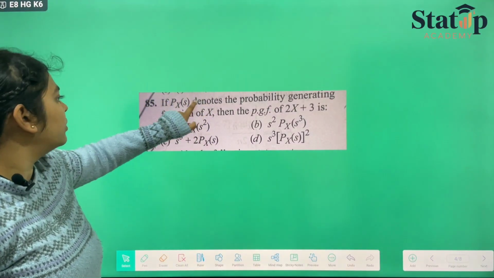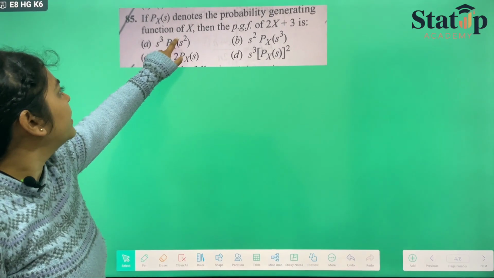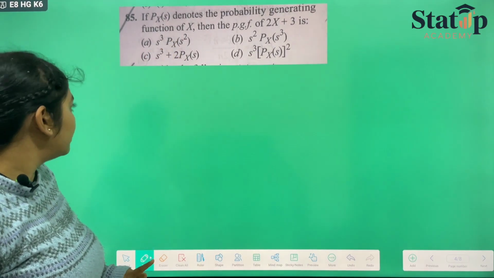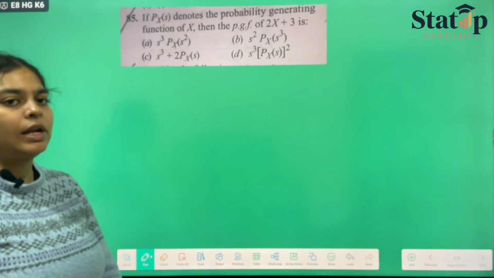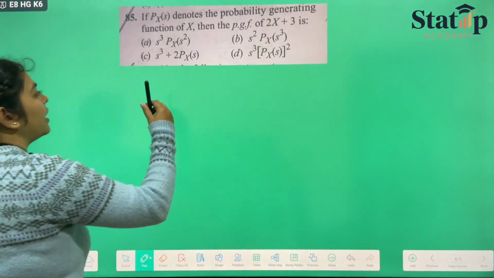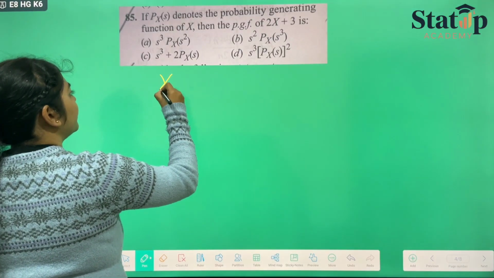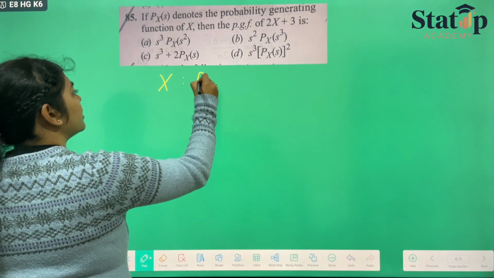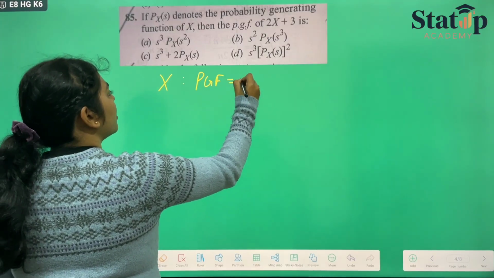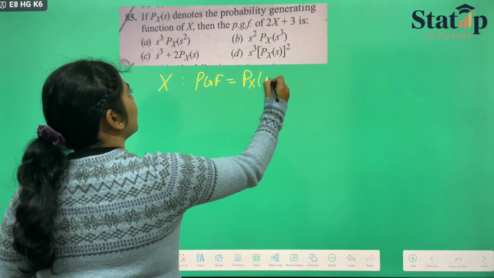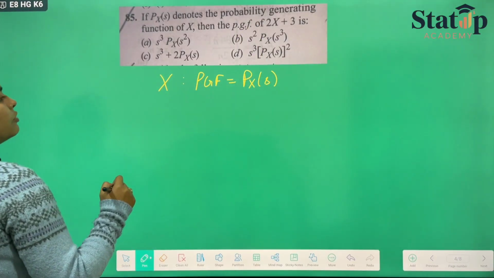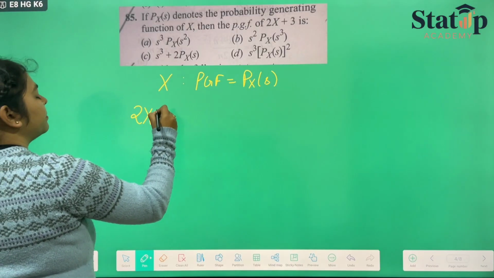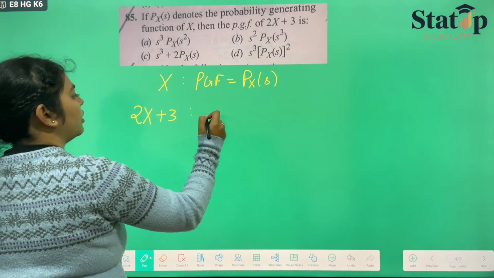So talking about this question, they have provided us that if we have a random variable x, then its PGF is equal to P_X(s), and we have to calculate the PGF of 2x plus 3. Now we know the formula.